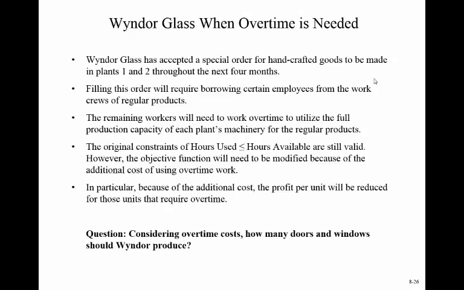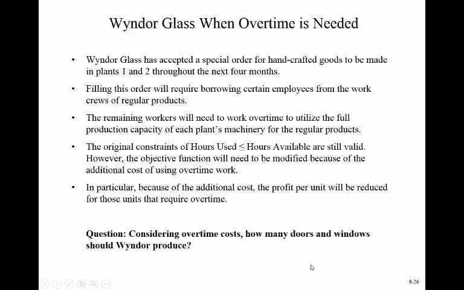Before, we had the constraint that hours used must be less than hours available, and that is still valid, but the costs of access to those hours have now changed fairly dramatically.